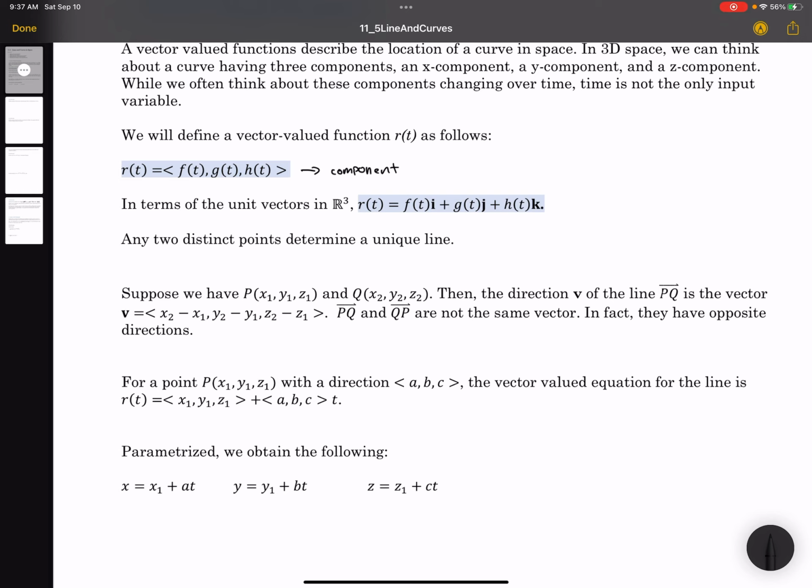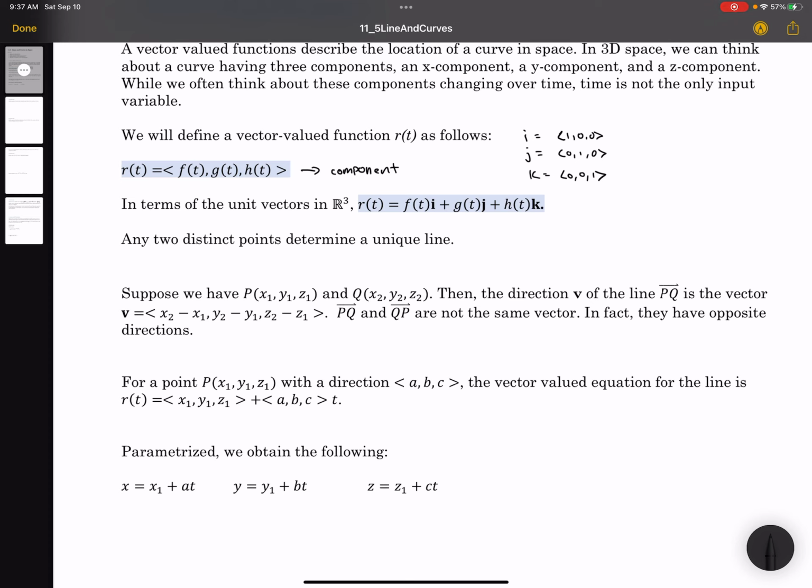In terms of the unit vectors, remember in R3, our unit vectors are i equals 1, 0, 0, j equals 0, 1, 0, and k equals 0, 0, 1. So just the two ways we'll see vectors written for the rest of the course is either in component form or in terms of the unit vector. They mean the same thing.